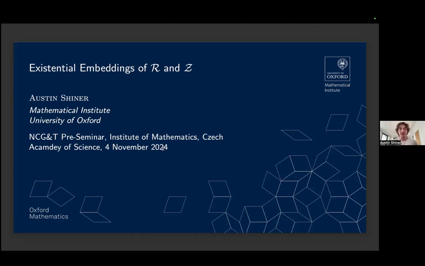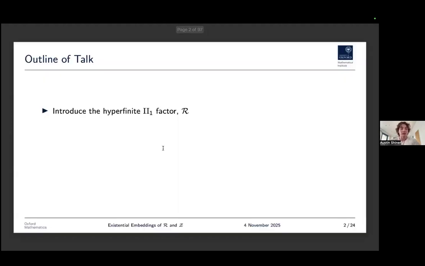Cool. So the outline of the talk will be as follows. First, we're going to introduce the hyperfinite 2-1 factor, which we denote R. We're then going to talk about why R is so special and all of its special properties.